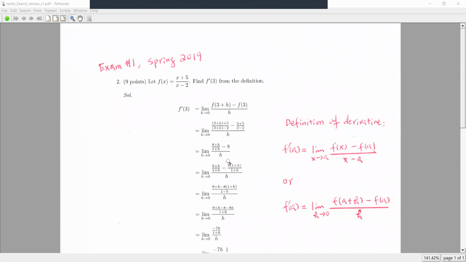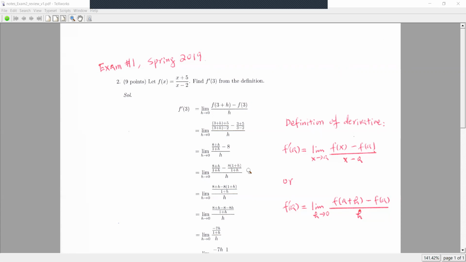I use a common denominator to simplify the numerator. I write the second term, 8, as 8 times 1 plus h over 1 plus h. Then on the top, the two terms have the same denominator.